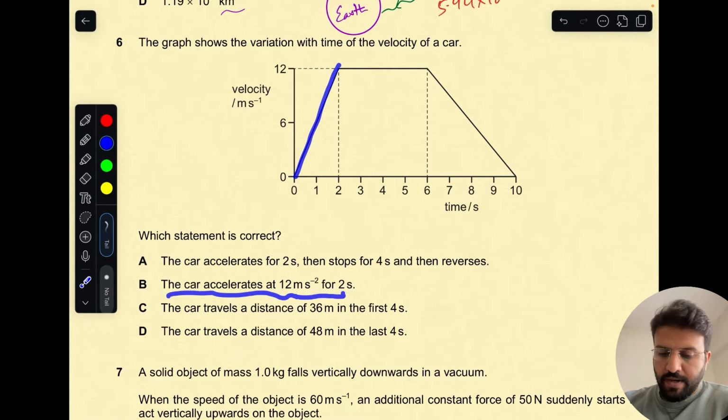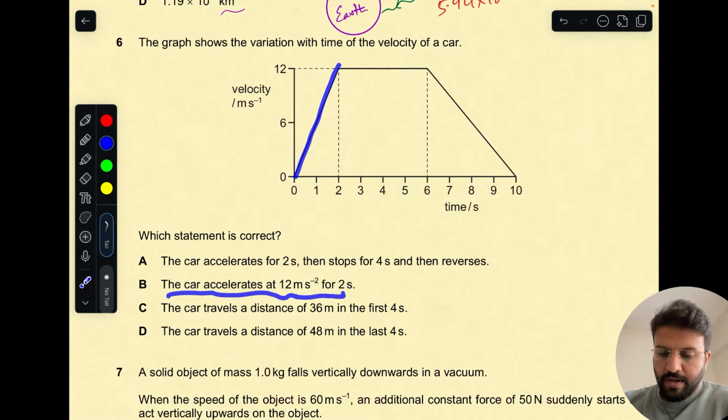And when you work out this area, the base is from there to there, it is 2, and the height is 12, that is 24. So 24 plus 12 will give you 36, so that option is correct. Area under the graph will give you the distance covered simply.